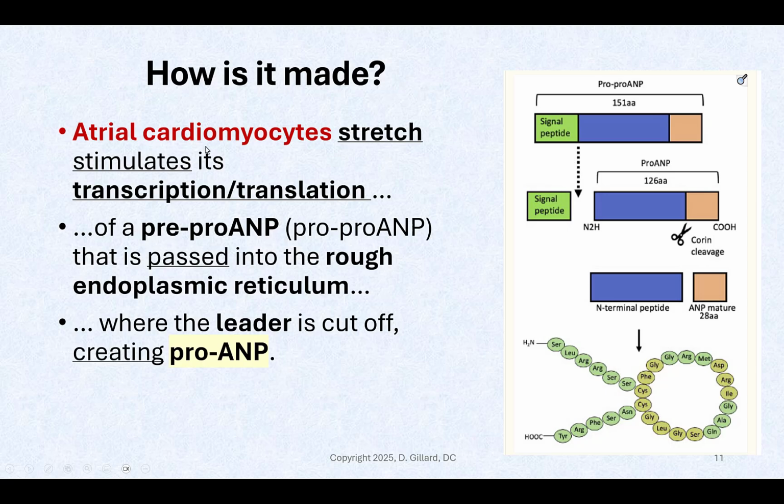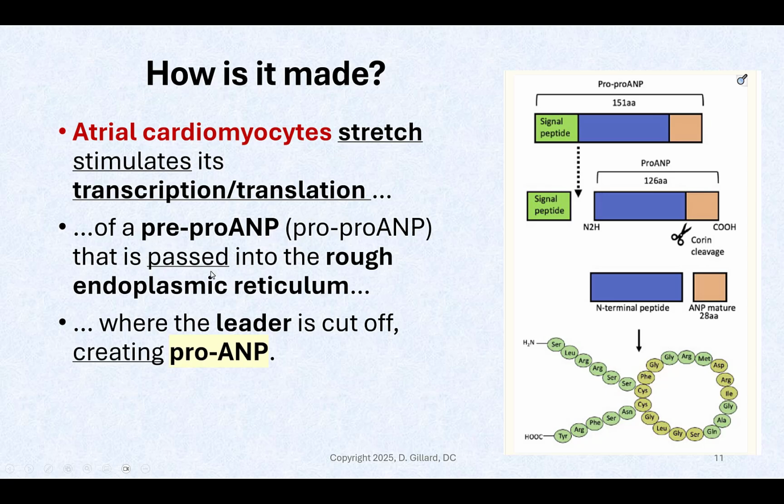How is it made? So an atriomyocardial site, stretch sets it off. We won't get too into the weeds on that mechanism, but it sets off a secondary messenger system that tells the gene for, let's just use ANP here, to go ahead and run through transcription, translation, and make ourselves the ANP. But it's not an active hormone at first. In fact, it's in something called, just like insulin, exactly like insulin, the pre-pro-ANP stage.